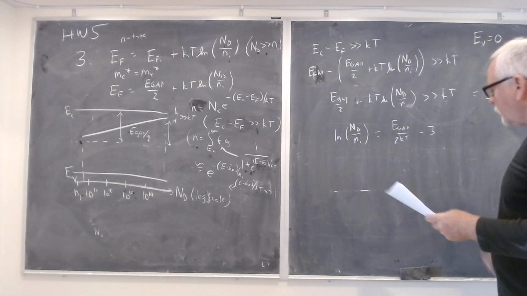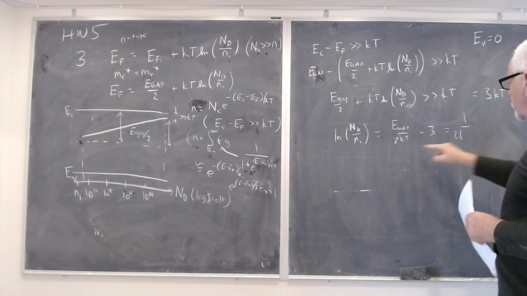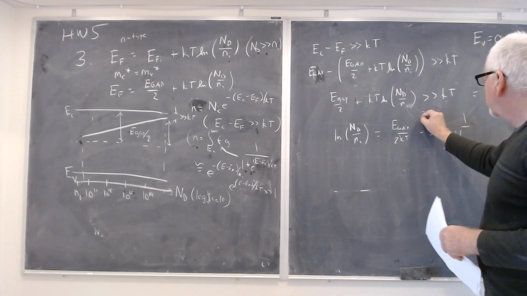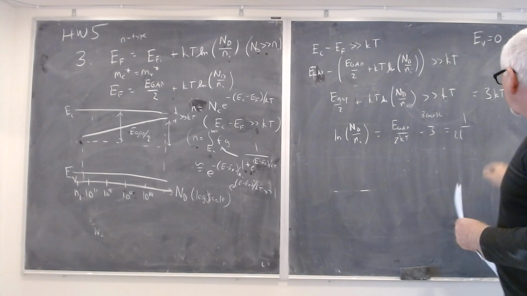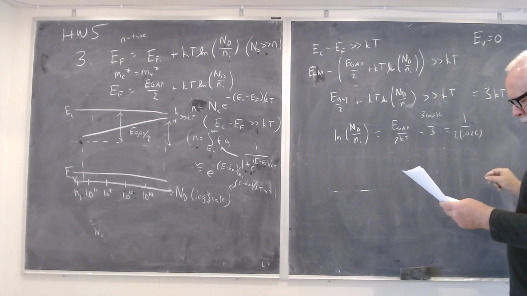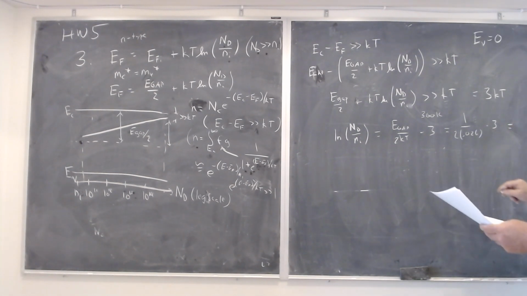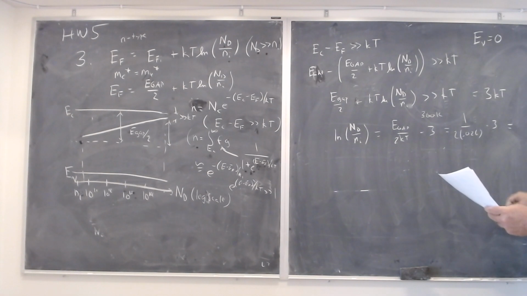And that's 1 over 2. This is at 300 Kelvin, 0.026 minus 3, and 1 over 2 over 0.026 is around 19, and so this you work out to 16.23.